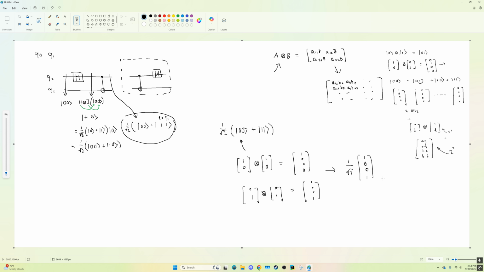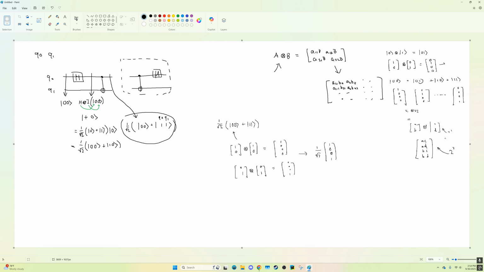Okay, so now we need to be able to decompose it into 2 separate qubits to equal this vector. Let's assume that it is possible to do that first, so we'll use contradiction here. Let's assume it is possible to decompose into 2 separate qubits.